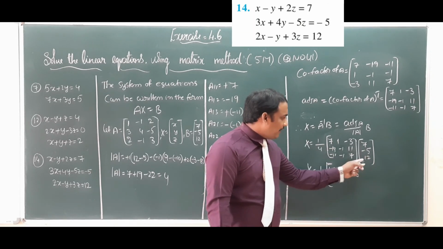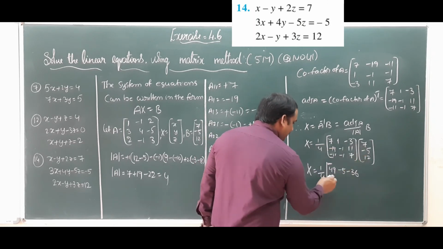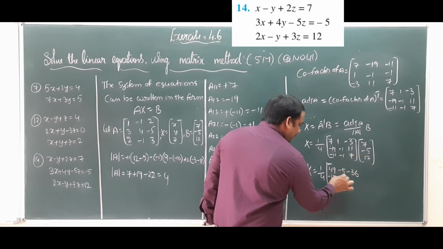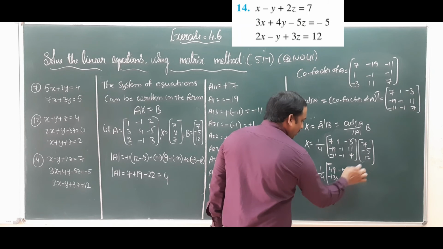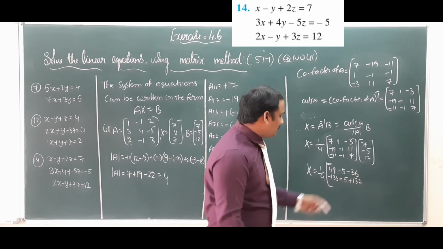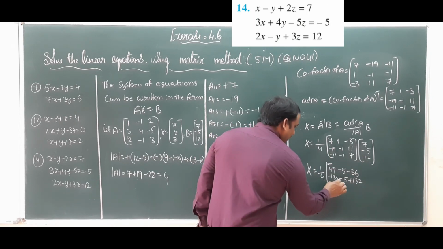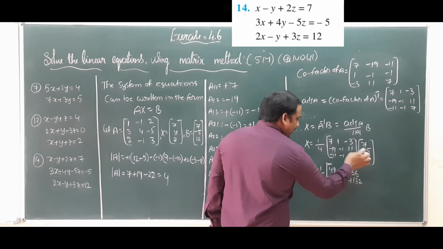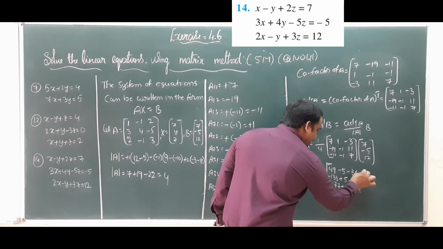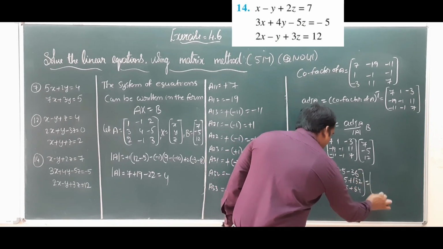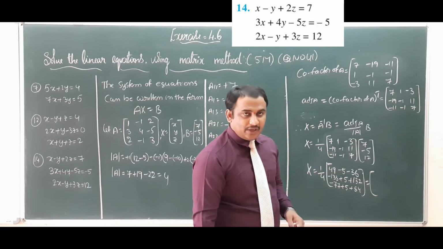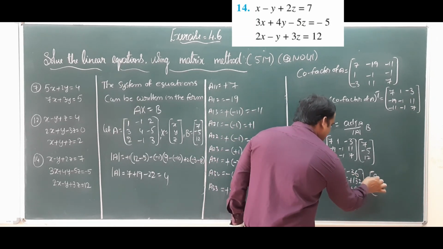Next second row first column: minus 19 into 7, minus 133; minus 1 into minus 5, plus 5; 11 into 12, 132. Next third row first column: minus 11 into 7, minus 77; minus 1 into minus 5, plus 5; 7 into 12, plus 84. So 49 minus 5 minus 36, 49 minus 41, here 8.